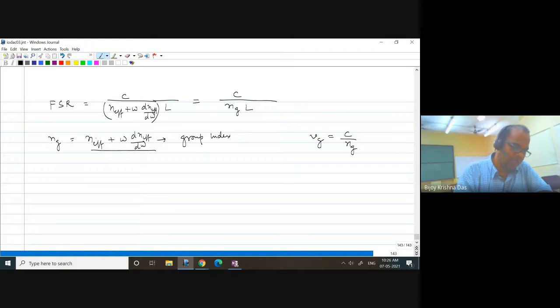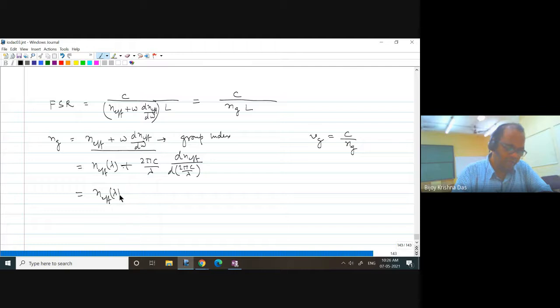If n effective is lambda dependent, then it would be better to write it like this: omega equal to 2 pi c by lambda, and d n effective by d omega means d of 2 pi c by lambda. If you do this little modification, you will get n effective minus lambda d n effective by d lambda.